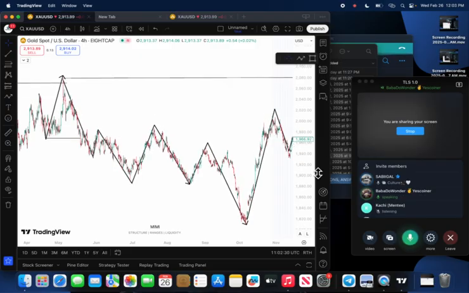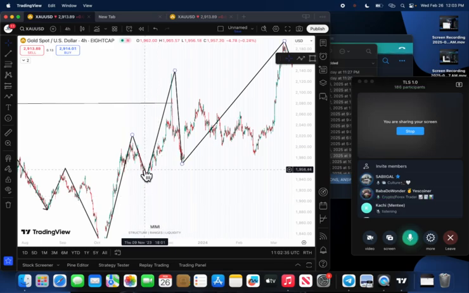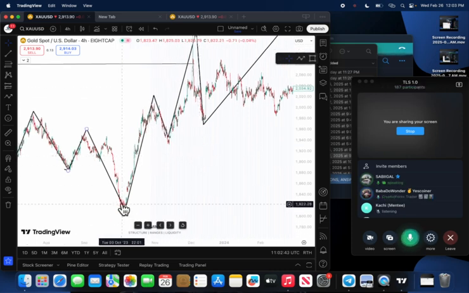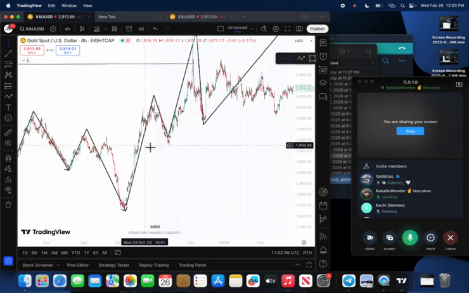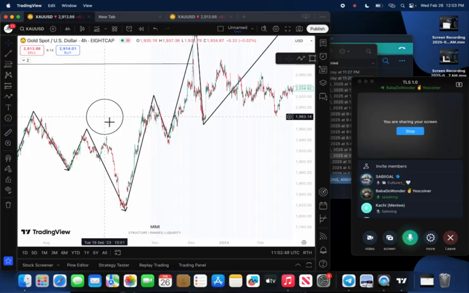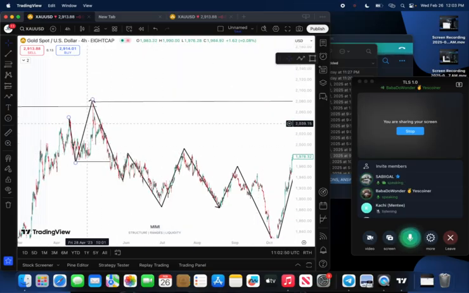This place, this first one after the change of character, is it a valid bearish? This one? No, where you started from. No, just move it from where you started the chart from. This thing here.